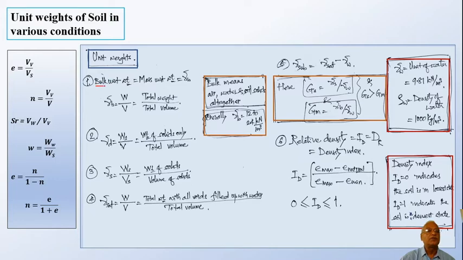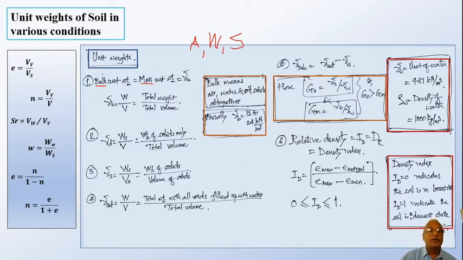So these words we should remember. Bulk or mass consists of air, that is the gaseous part, water, and solids too. All of them together we call soil mass or bulk.